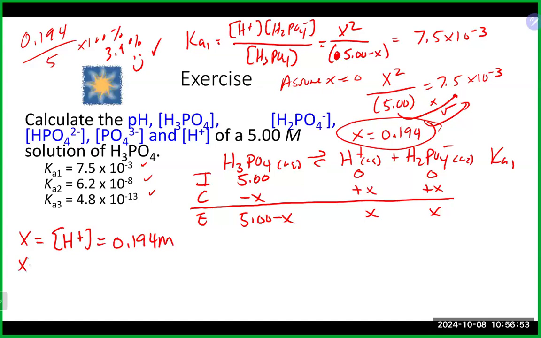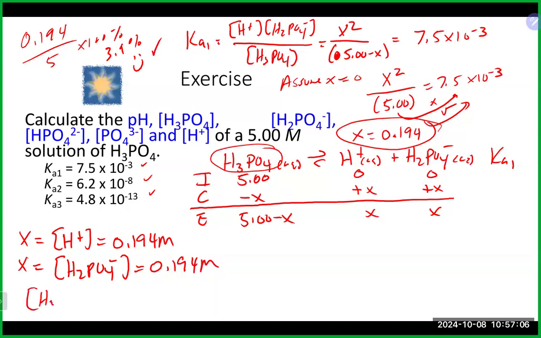X also equals the concentration of H2PO4 minus, which would also be 0.194 molar, and our phosphoric acid concentration will equal 5 minus x, which is 5 minus 0.194. We'll call it 4.81 molar.